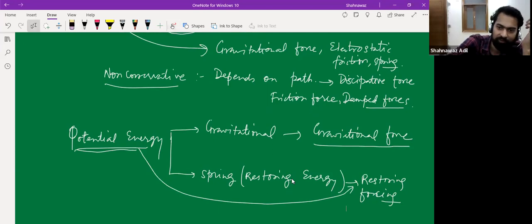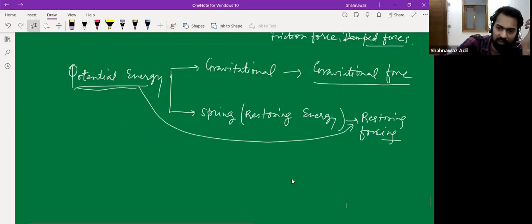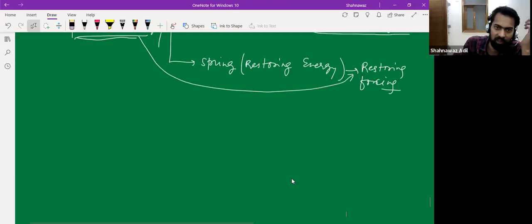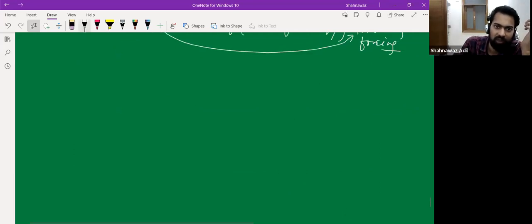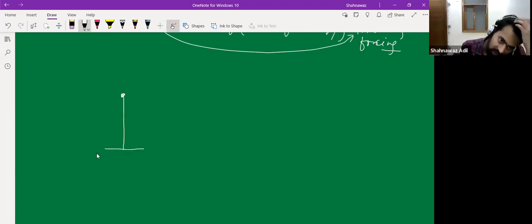Okay, so let me give you one example. Let's say you have a particle which goes from here to here, straight, right? So what is the work done in moving this object this much, right?